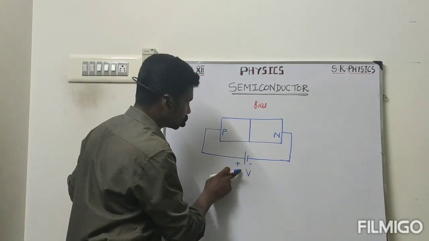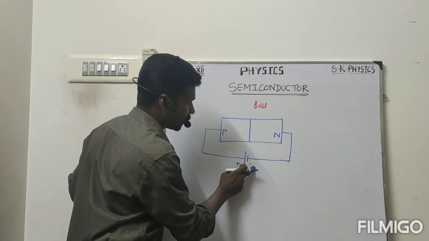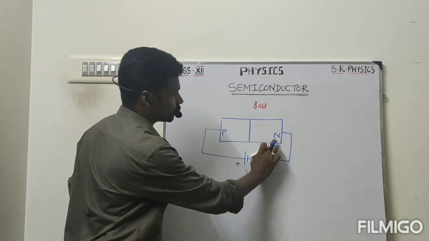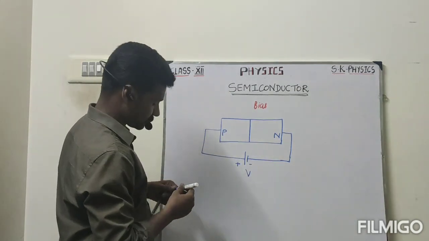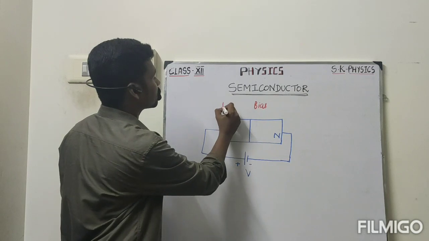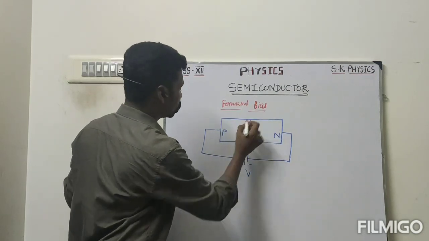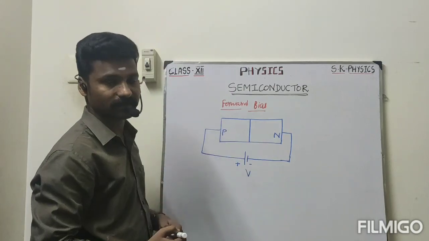Battery positive to P region, battery negative to N region, positive to positive, negative to negative. This is known as forward bias. So now we are going to discuss forward bias.